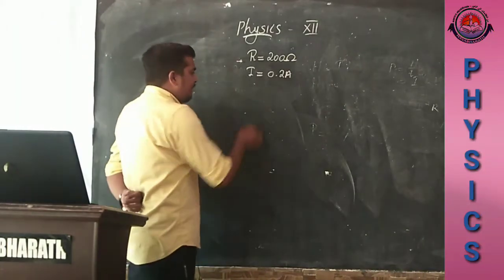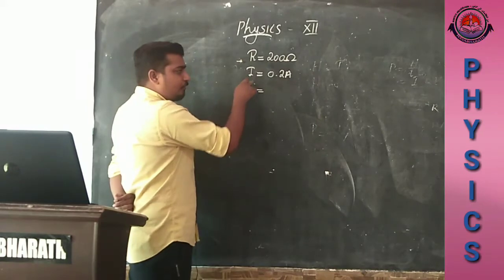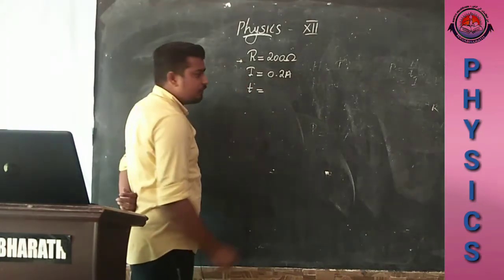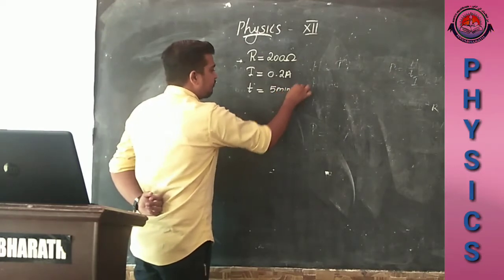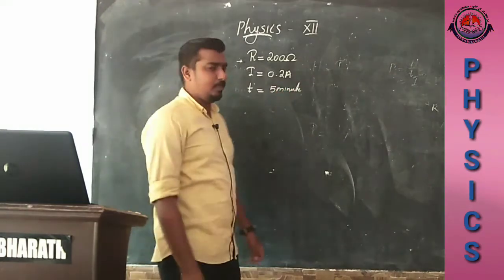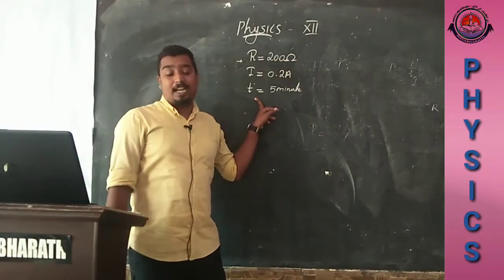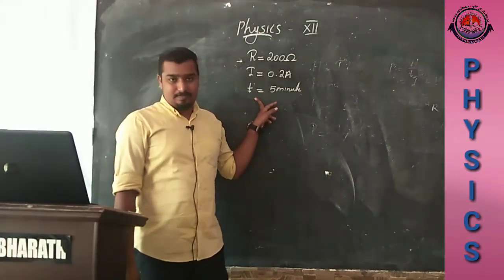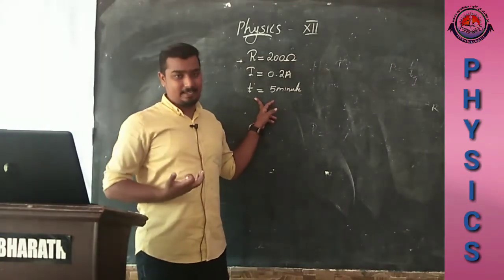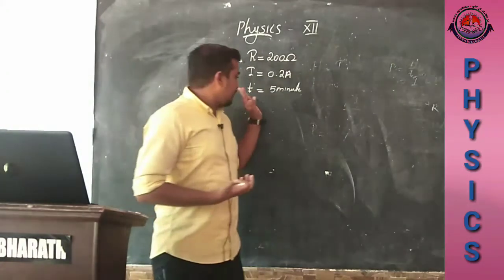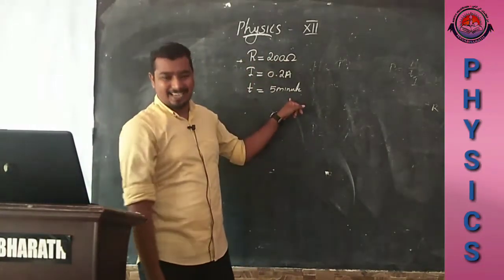And the time of flow of electric current t equal to 5 minutes. Here the unit of time is in minute. What is the SI unit of time? Second. Here we convert the minute into second.